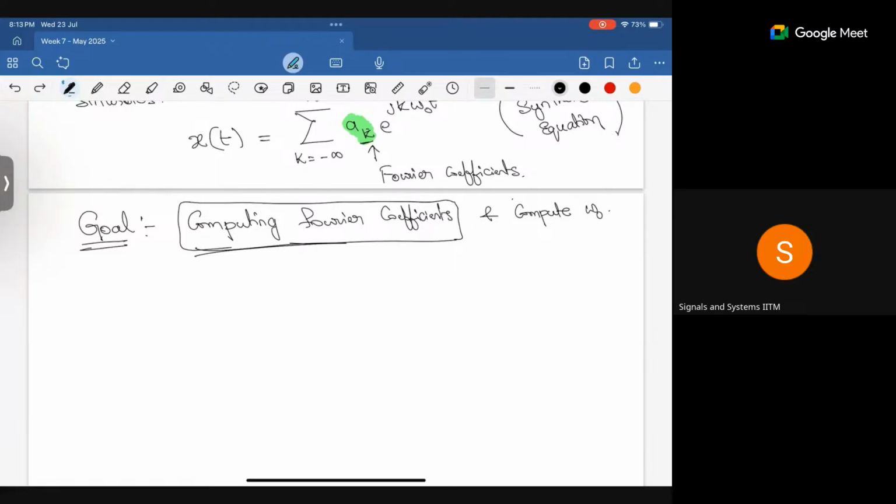Therefore, any two harmonics' inner product will always be zero if they have different frequencies. We use all these ideas and ultimately we arrive at this very nice formula to compute Fourier series coefficients.